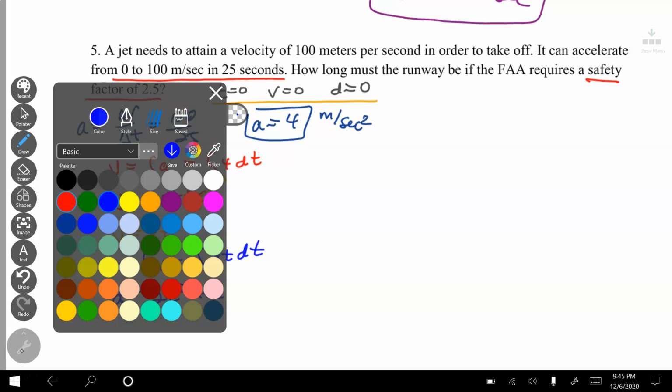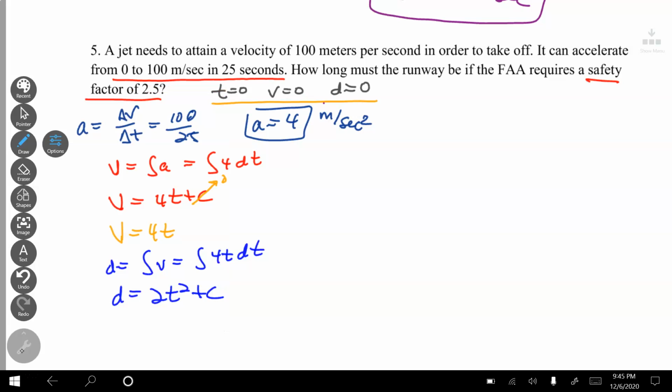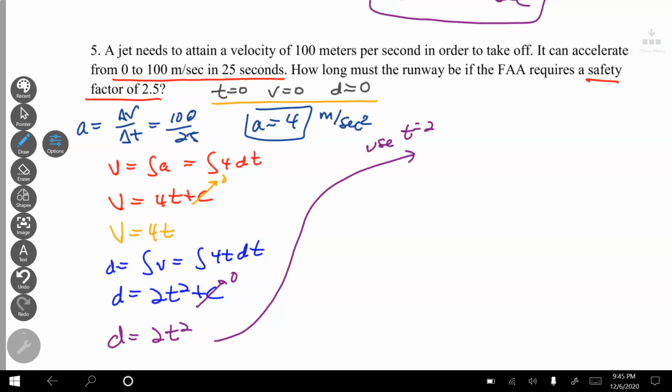But again, I know initially I have 0 distance. So my distance equation is 2t squared. Well, I'm going to use t equals 25. So my distance traveled in 25 seconds is going to be 2 times 25 squared.